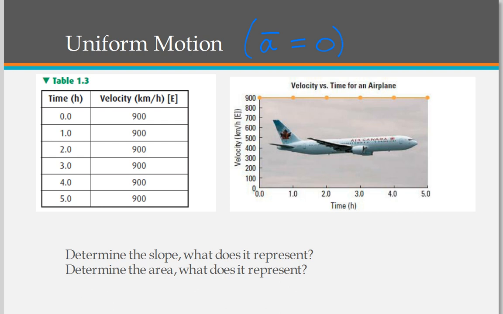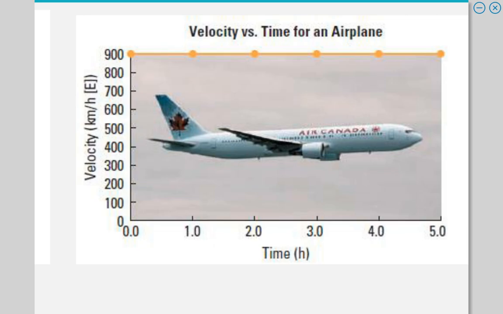The picture that they're showing us here is a graph of velocity versus time. It's in kilometers per hour and hours on the x-axis.